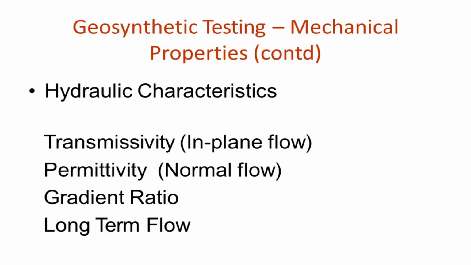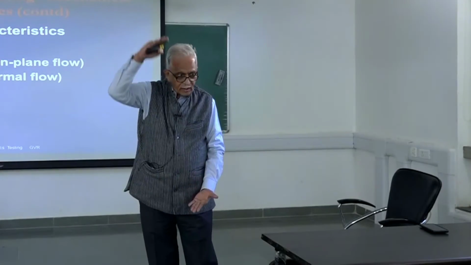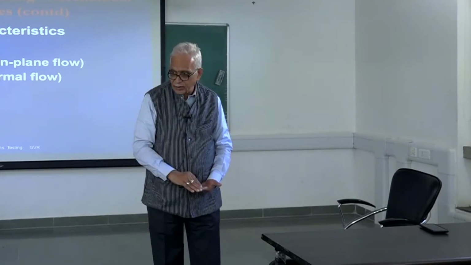So you should remember that now the long-term flow or hydraulic characteristics are going to come out actually in terms of field application now. That means it's a confined test and things may change in the course of time. So long-term means maybe 20 days, it's not years. Okay, under the confining conditions, overburden pressure.